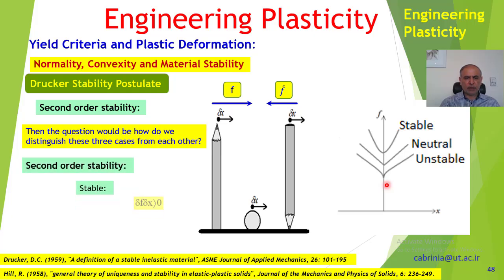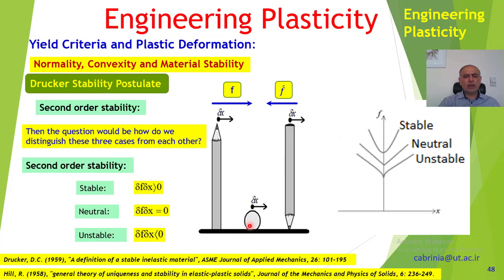In second order stability, instead of F delta X, we say delta F delta X. So we examine these. If this is positive, then we say there is stability. If this is zero, we say it's neutral. And if it is negative, we say it is unstable.